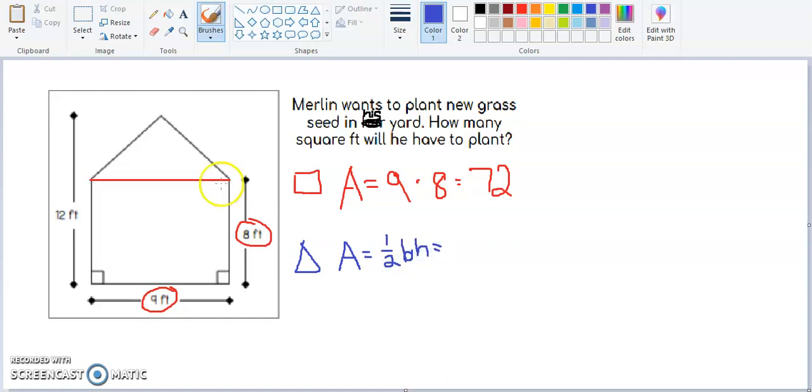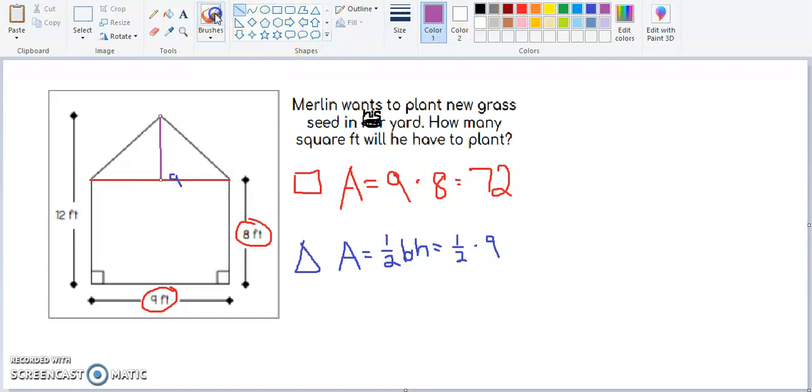So in this case, I see that my base is going to be 9 because it's on the other side of the rectangle. So right now I have 1/2 times 9, but I don't know the height right now, okay? Because I know it's not 12. I know it's not the whole thing. So right here is my height, and it's going to be just like before.